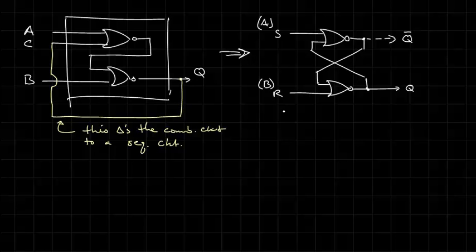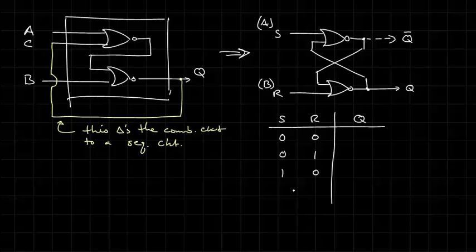Now let's see if we can fill out a logic table. So we have S and R, and we have Q. And we could put Q bar here. I don't know if we'll need that, so let's leave that off. 0, 0, 0, 1, 1, 0, 1, 1. Let's see what we can fill out readily. A NOR gate is going to be false whenever at least one of the inputs is true.